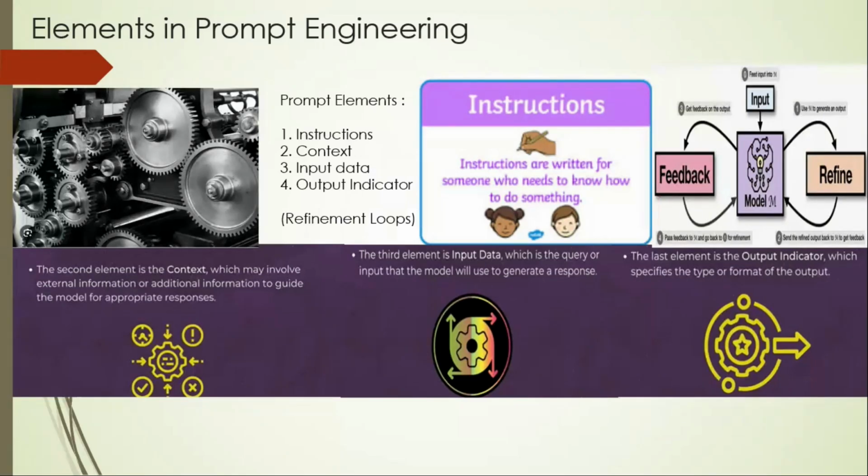And if you are a very smart prompt engineer, you also always use refinement loops. Why refinement loops? Every time you get the output, each time you need to refine to improve the quality of the output. So you can use refinement loops.